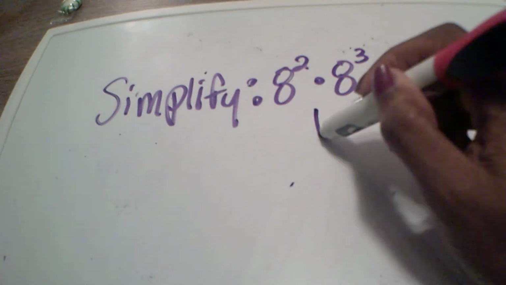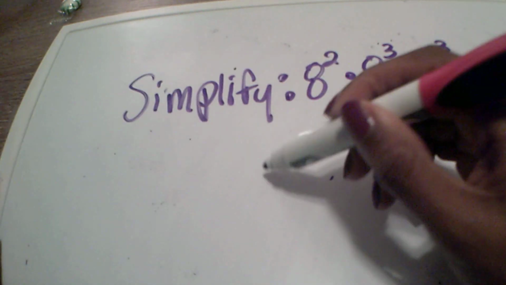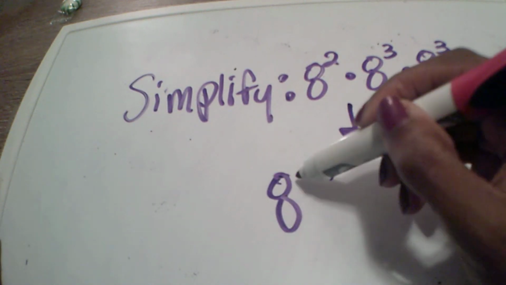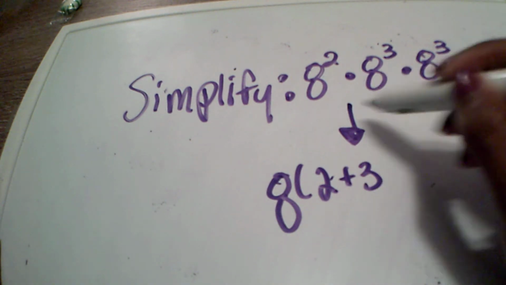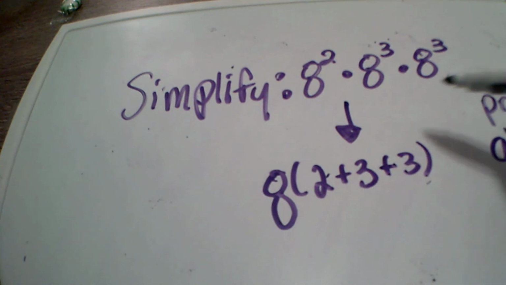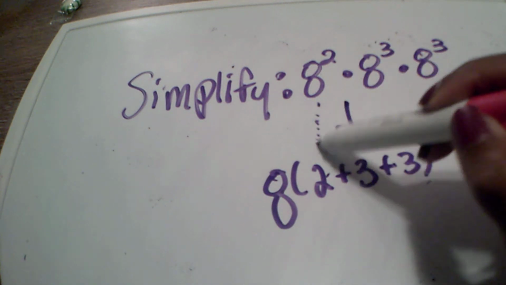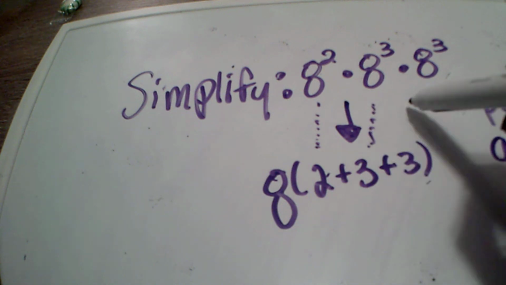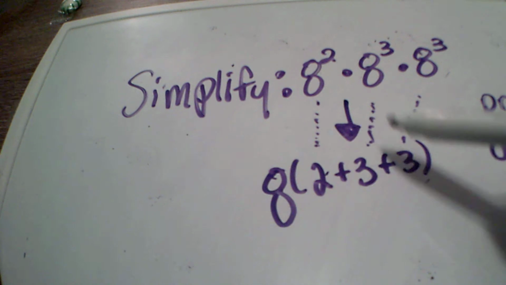So let's get to adding. You have 8, and the exponents 2 plus 3 plus 3. In case you are lost as to where I'm getting these numbers from.